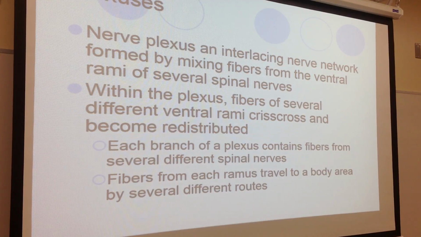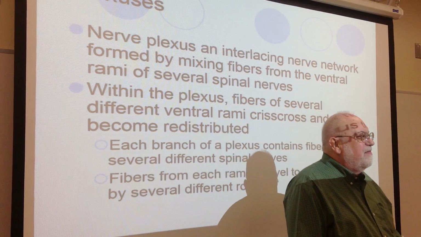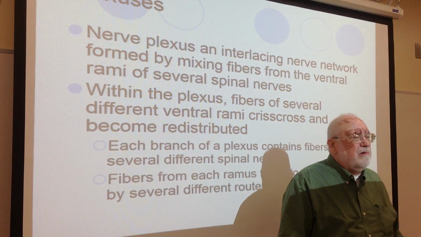Now, a nerve plexus is an interlacing nerve network that's formed by mixing together fibers from more than one spinal nerve. Sounds intriguing, doesn't it? Well, it really is.